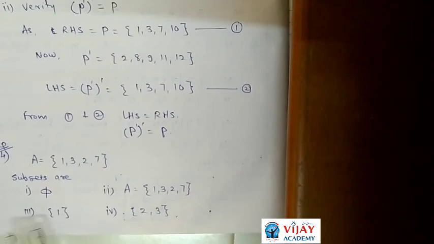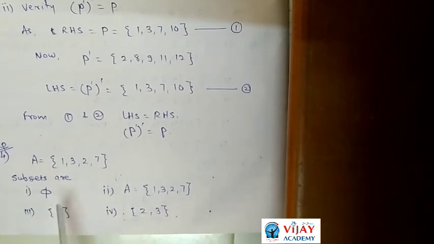Then third one, take any set, say A1, which consists of a single element 1, that is also a subset of set A. If you take 2 elements 2, 3, it is also a subset of the given set A.